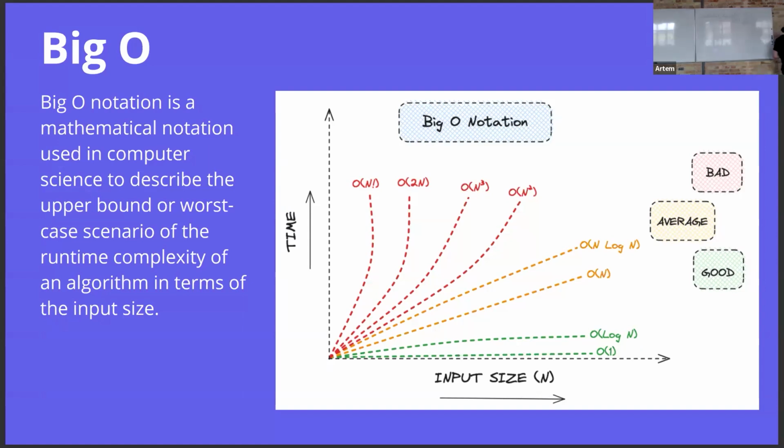And as you can see here, for us, the good complexities are O log n and O(1), and O(n) and O(n log n) are already average complexity, but O(n squared) is a bad complexity because the more elements we have in our array, the slower this algorithm will be over time.